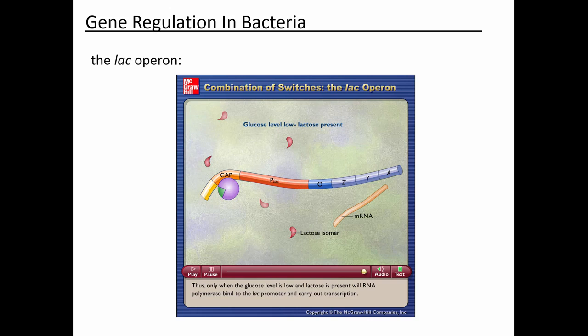This is the activator involved in regulating this operon. And then you had the lac repressor, which is the repressor involved in regulating this operon. So you have both the CAP and the lac repressor regulating whether this operon is going to be expressed or not.